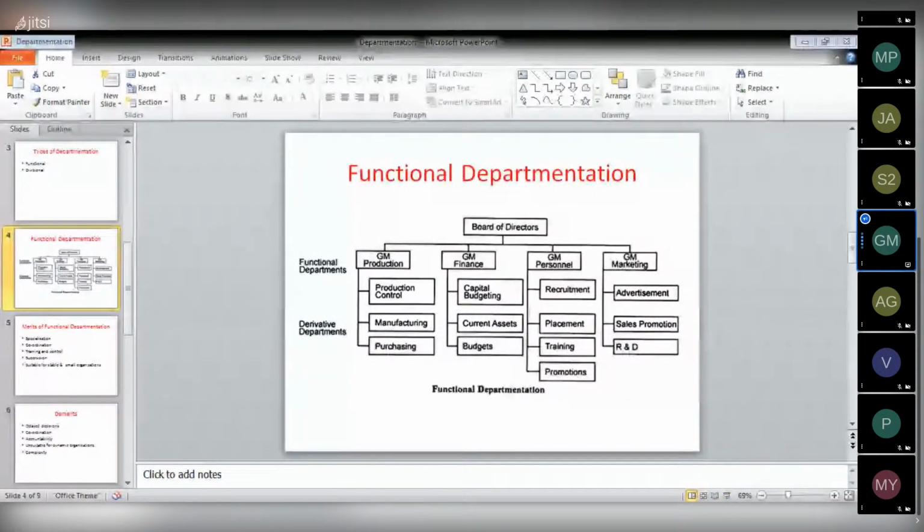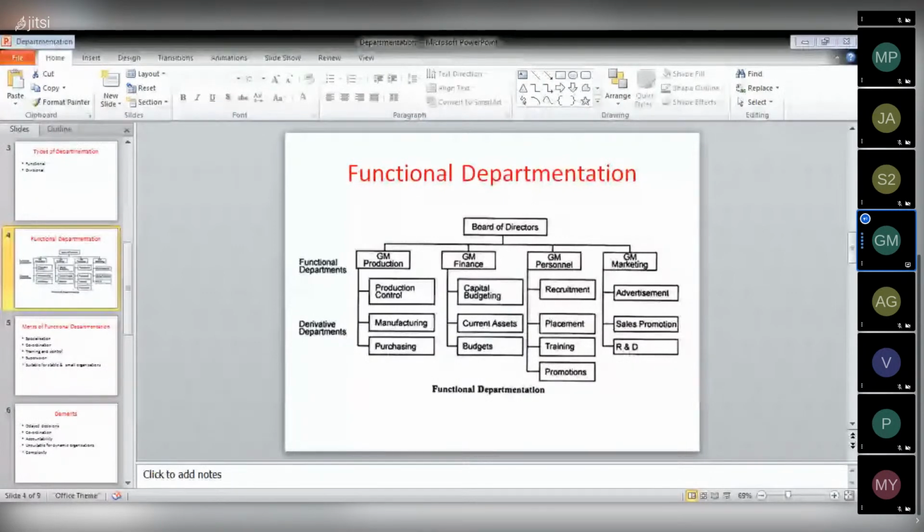Even if you observe in the finance department also, we have the sub departments like capital budgeting, current assets, budgets, say recruitment, placement, training, promotions. Under the marketing, we have advertisement, sales, promotion, R&D. See here, recruitment comes under the personnel department. But here in the recruitment, individuals will be performing only one particular activity.